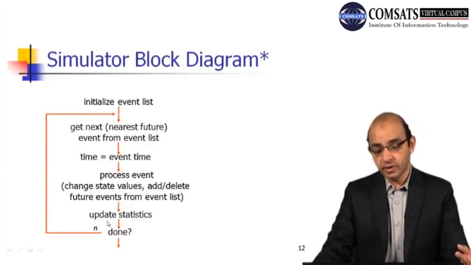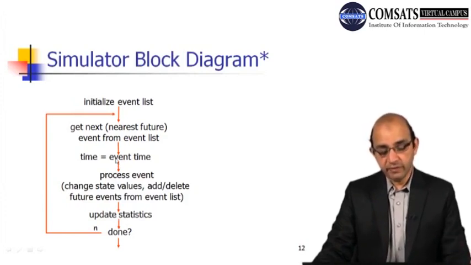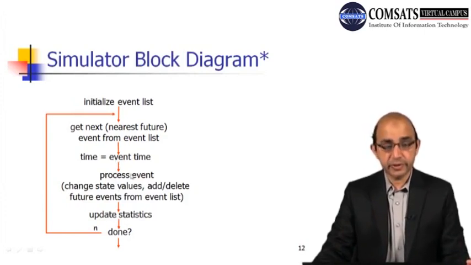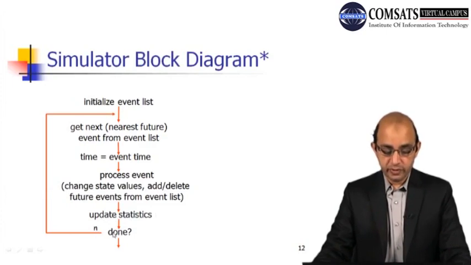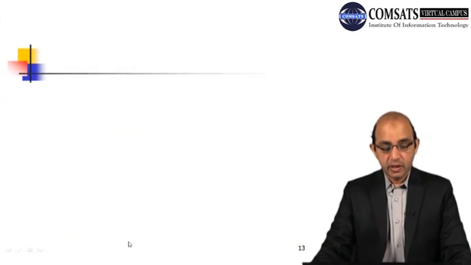As I mentioned, we have a timestamp on the arrival of the event, and then after this process, after this service, we have another stamp over here. So we have updated the statistics and then done, and we can have a loop if we are not finished yet.